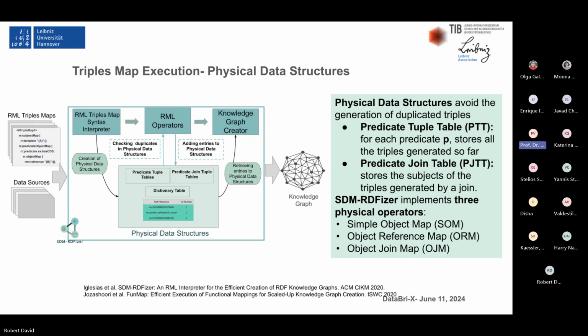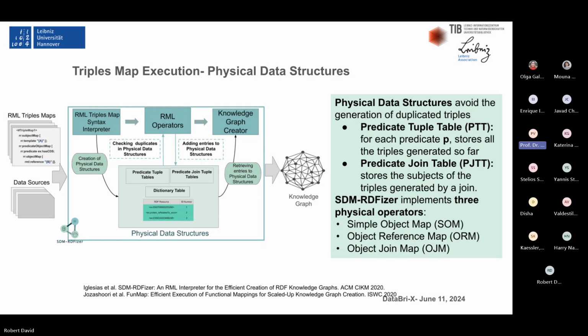In order to do that, the RDFizer maintains two data structures. One is called the predicate tuple table, which, per predicate that is generated, stores the triples generated so far. And the predicate join table keeps what has been generated when there are joins between the mappings.